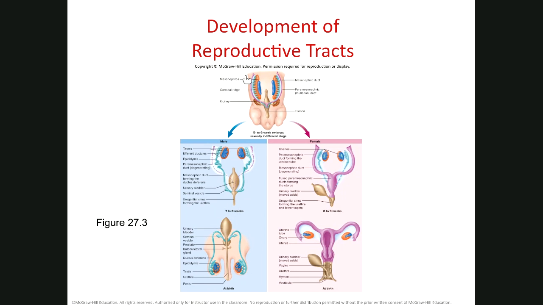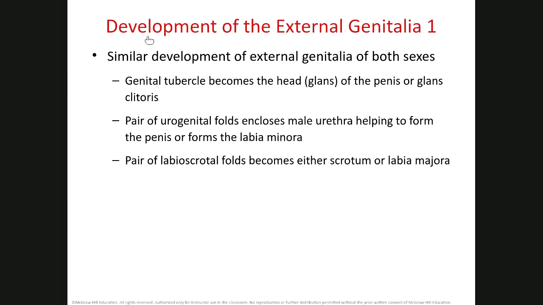Now, here we have the reproductive tracts. You would have different items that develop in the female and the male: the genital tubercle, urogenital folds, and labioscrotal folds. The genital tubercle becomes the head and glans of the penis, or in the female, the glans clitoris.